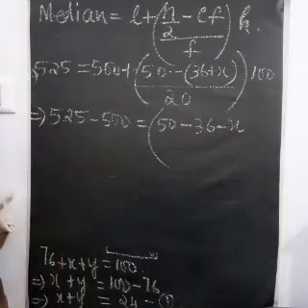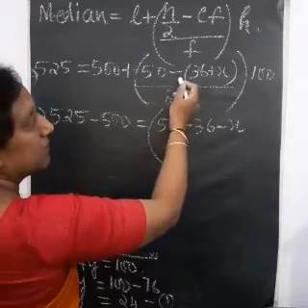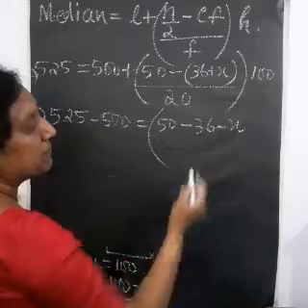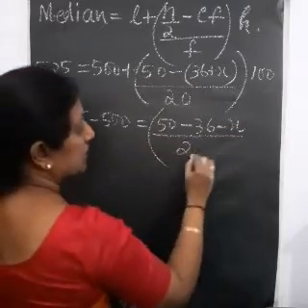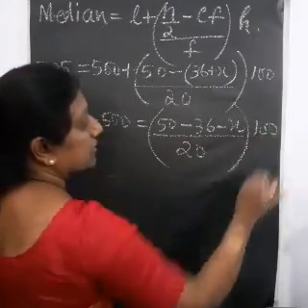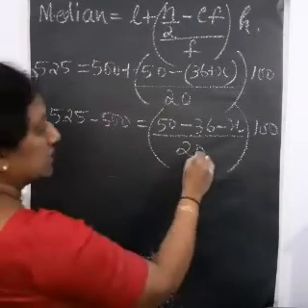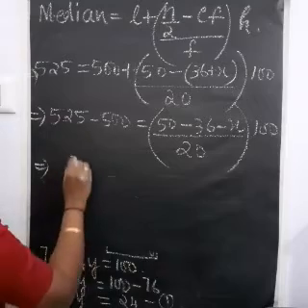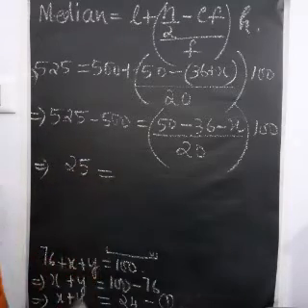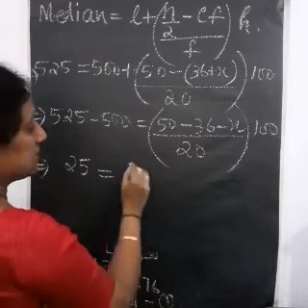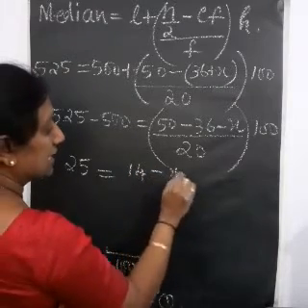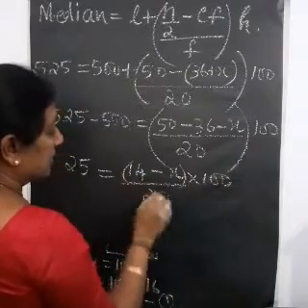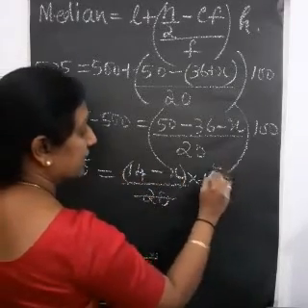I am opening the bracket by multiplying minus into 36, which gives minus 36, and minus into x, which gives minus x, divided by 20, into 100. So 525 minus 500 will be 25, which is equal to 50 minus 36 is 14, minus x, divided by 20, into 100. Okay, so this we can cancel as 5 times.